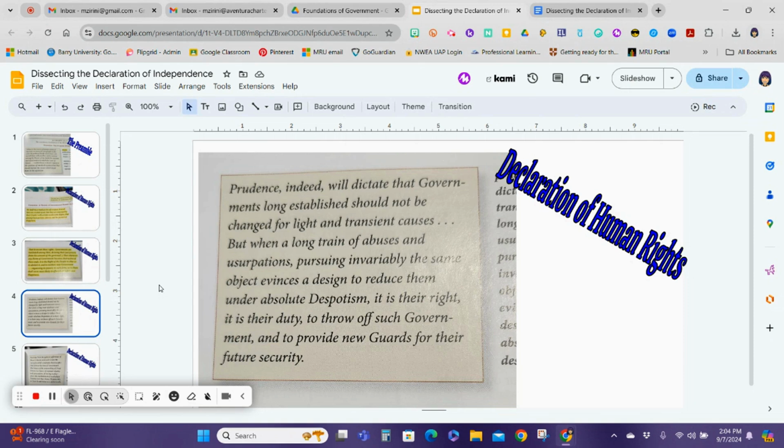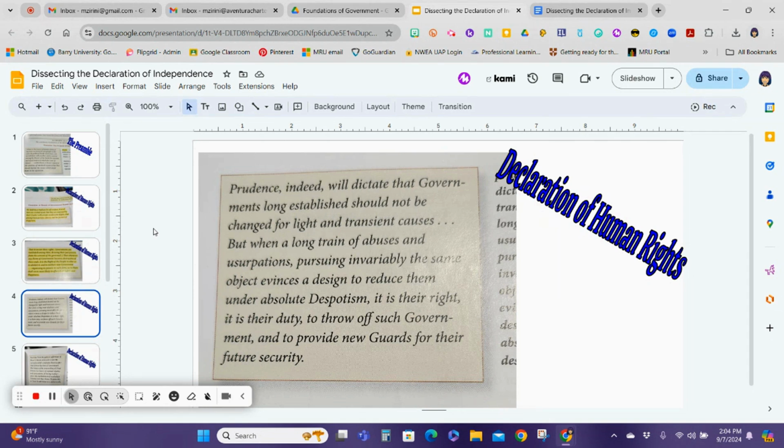So here the Founding Fathers are saying, we've defined what a social contract is, and that when the government no longer is following it, when it breaks its social contract, we have the ability to create a new one. However, we're not saying that it should be done lightly, right? We should not be just instituting new governments on whims.